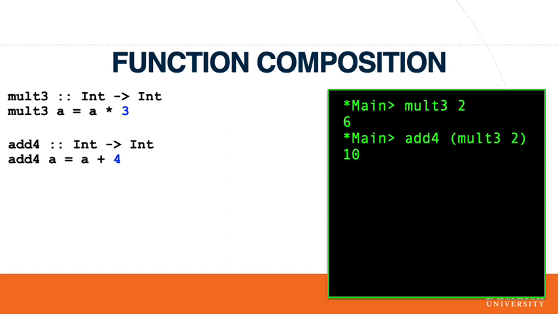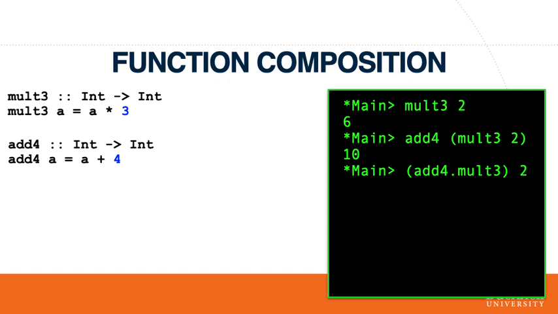What if we wanted to compose these two functions, combining them into one function? Haskell has an operator that lets you do that. It's represented by period. Add 4, period, multiply by 3, composes the two functions into one function. It first applies the multiply by 3 function and then applies add 4 to the result.